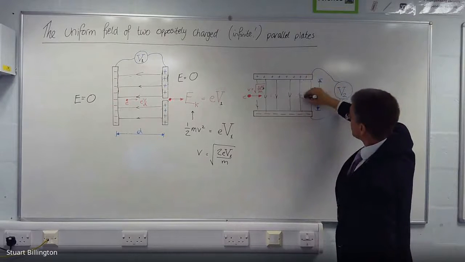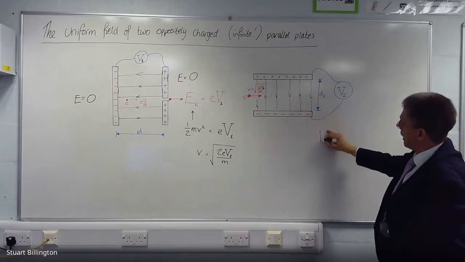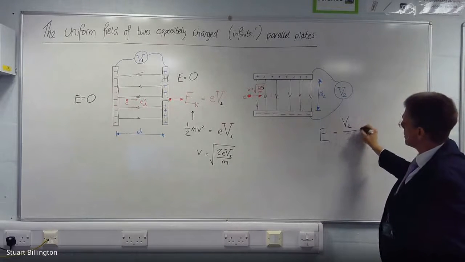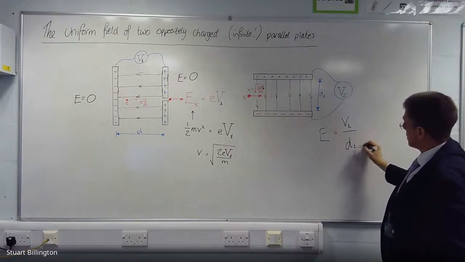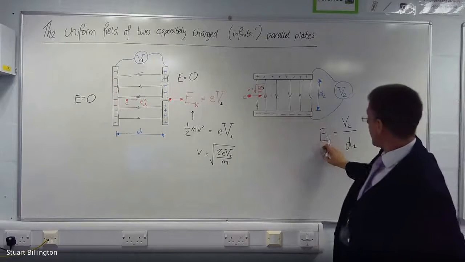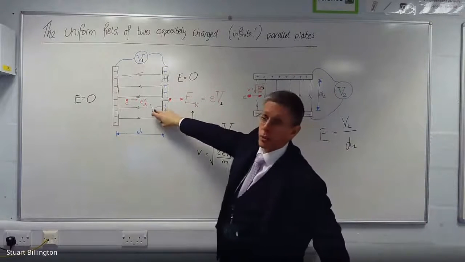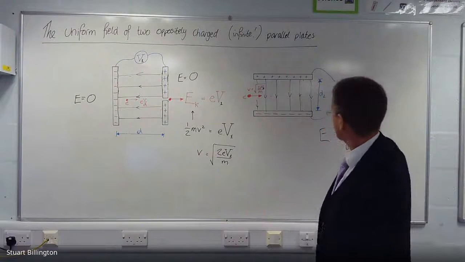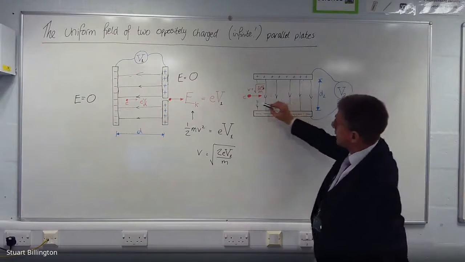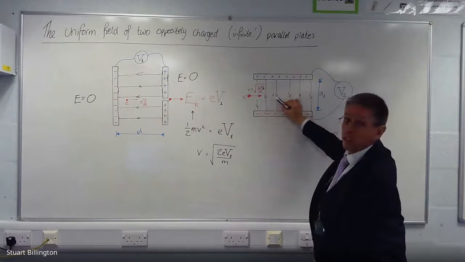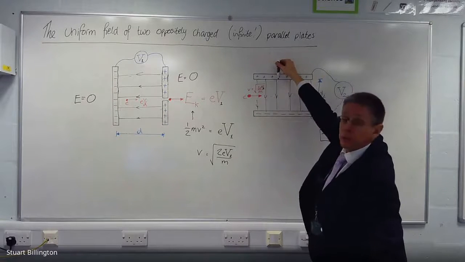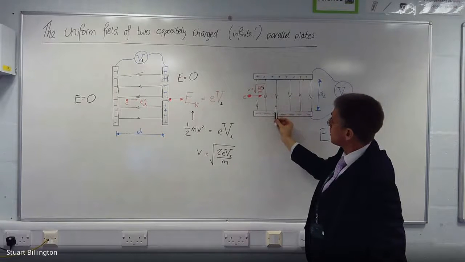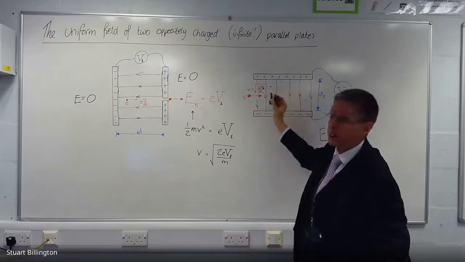Now, the value of this uniform field, E, will be equal to this potential difference divided by this distance. So it's a different sized electric field to this one that accelerated it because it's a different set of parallel plates. Again, when the electron enters this region, this is the force that would be experienced by a positive charge, and the electron's negative, so it's going to experience a constant vertical force.